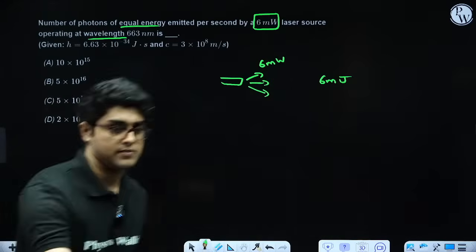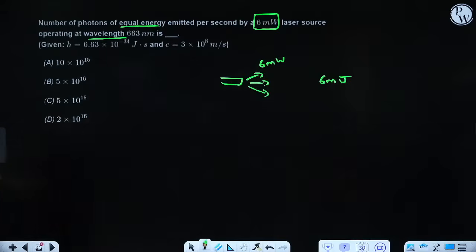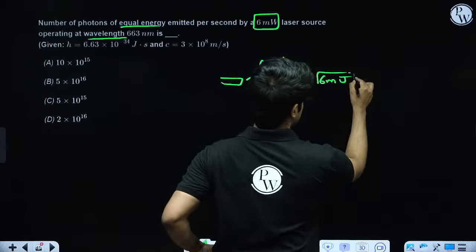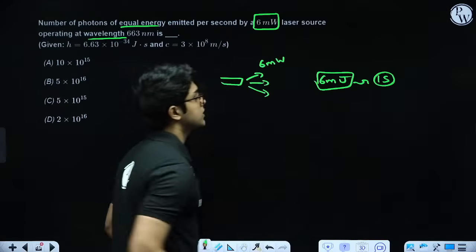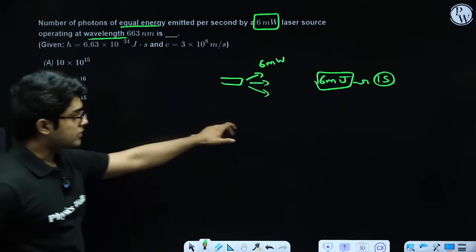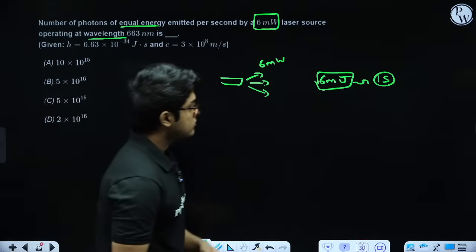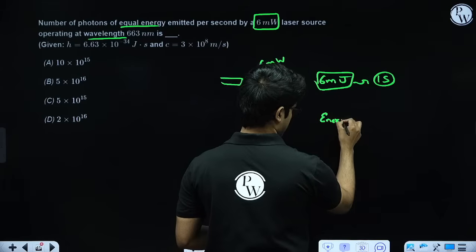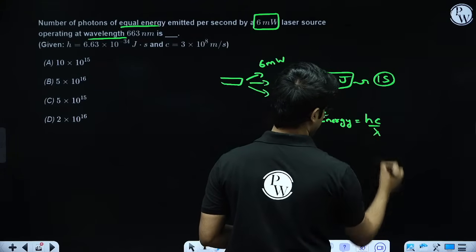So we have some laser and it is emitting photons and the power of emission is 6 milliwatt, which essentially means 6 millijoules of energy is being emitted every second. So in 1 second, 6 millijoules of energy is released by this laser. Now, this energy is carried by the photons, right? The energy of an individual photon we can write as either hc by lambda or h nu.